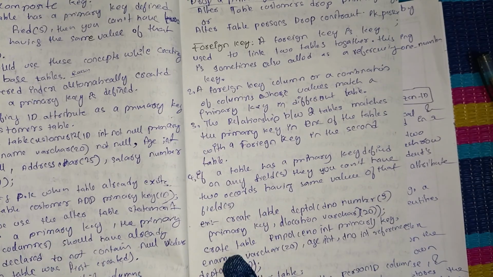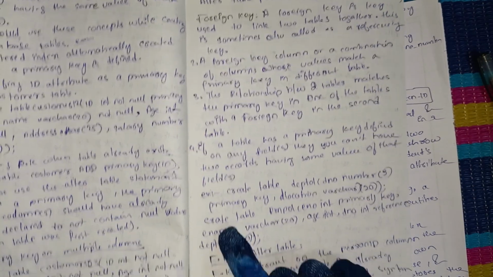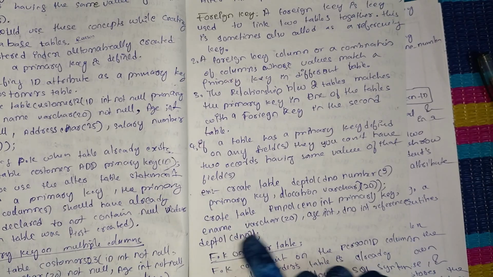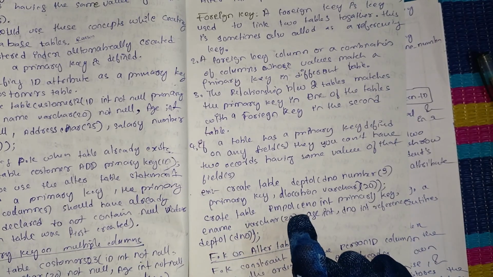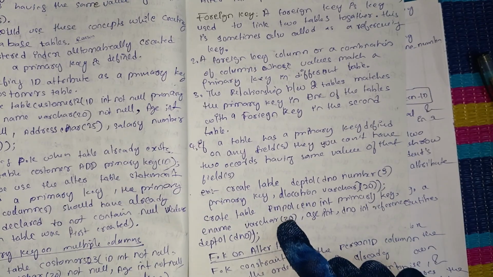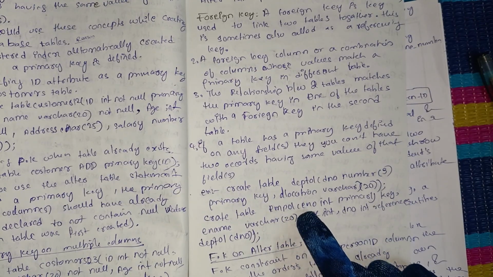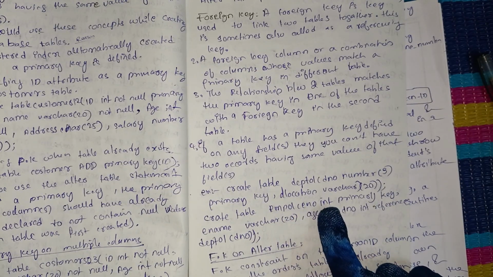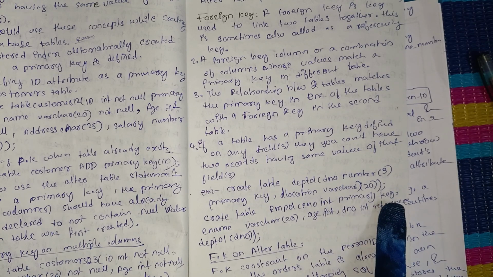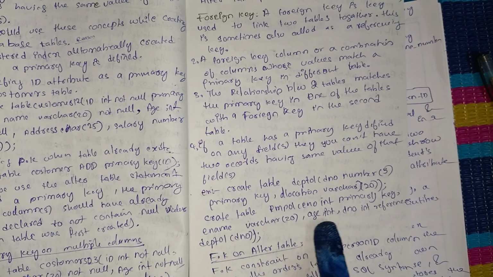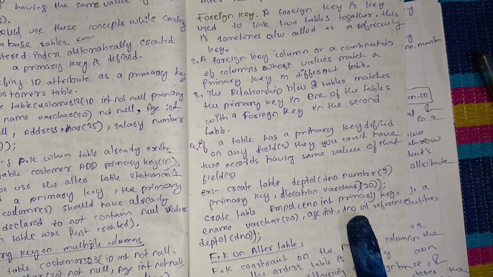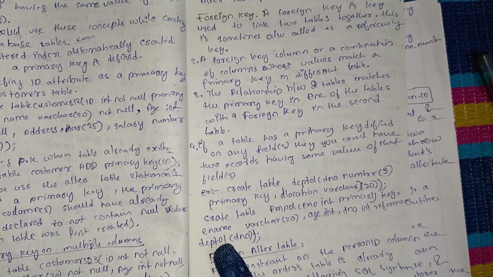And another table we are creating, the second table. Create table EMP01, employee01, of E number int primary key, comma E name varchar of 20, age int, D number int references department01 of D number.